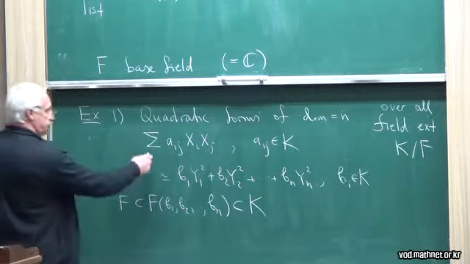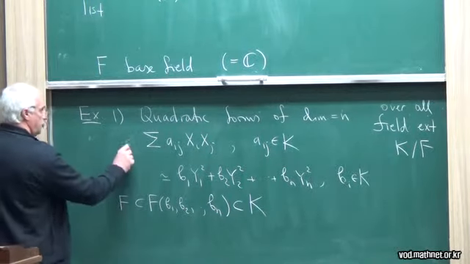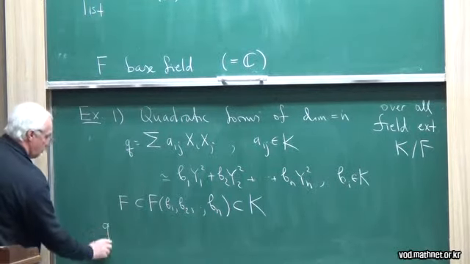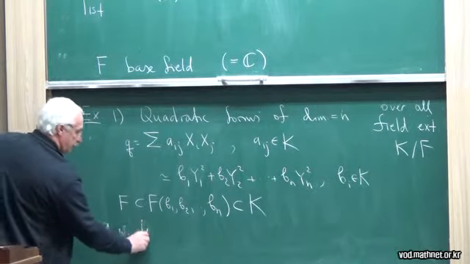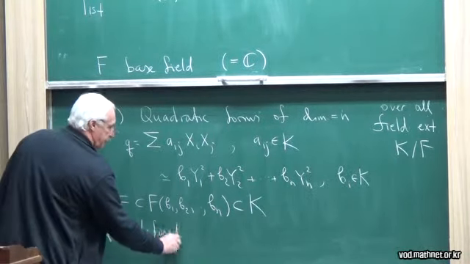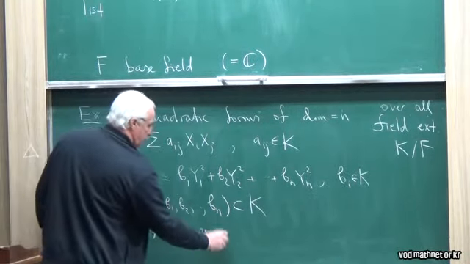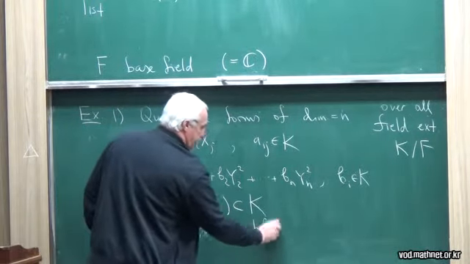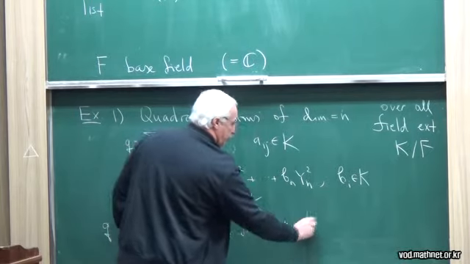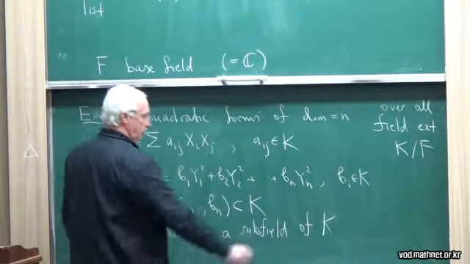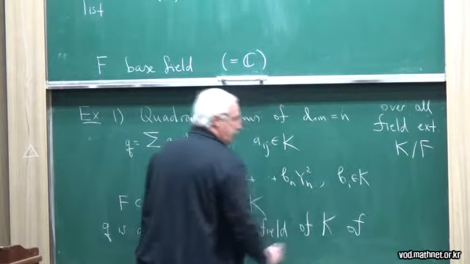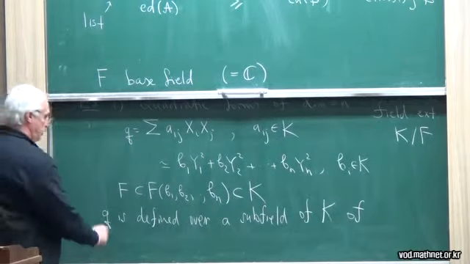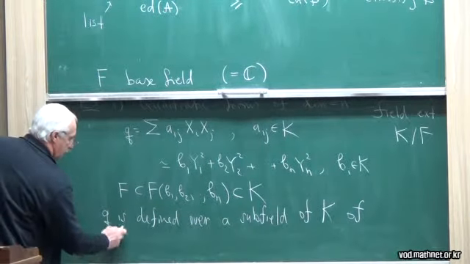So it turns out that the quadratic form Q is defined over a subfield of K of transcendence degree at most n.